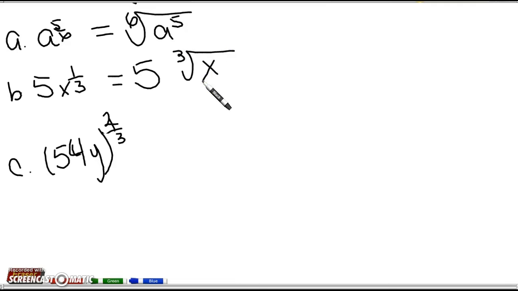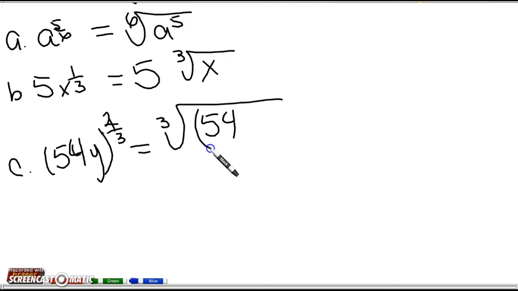All right, so for the next one, I'm not going to break it up the way that they did. Instead, I'm going to put everything in my radical. So I have the cube root of 54y to the 2nd power. Now I'm going to see if I can take anything out, if I can reduce anything.